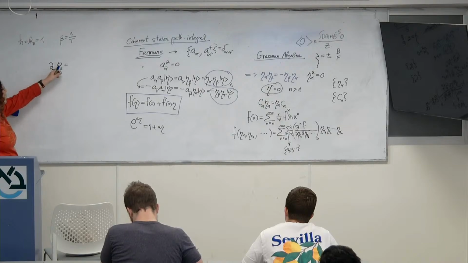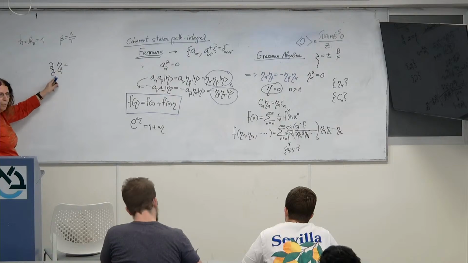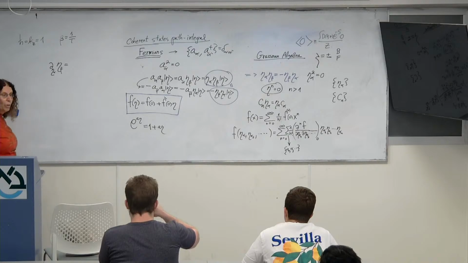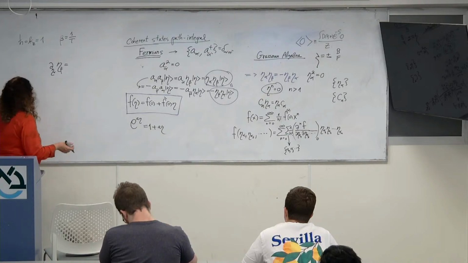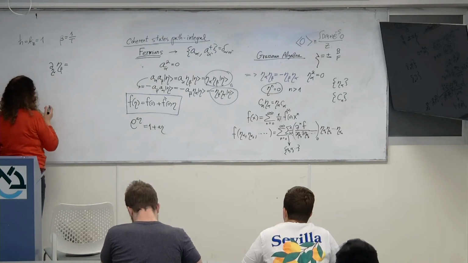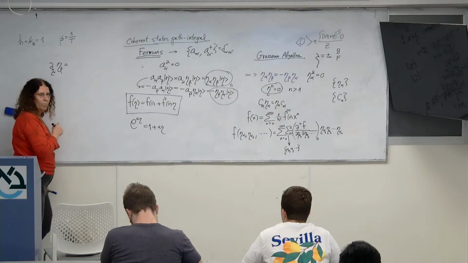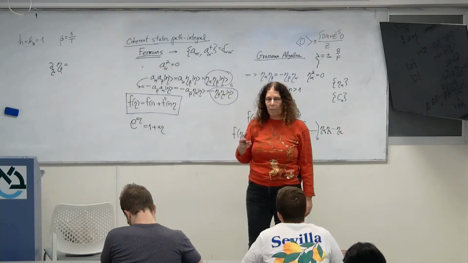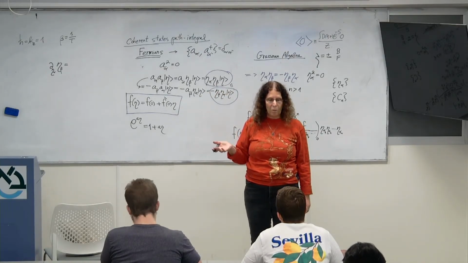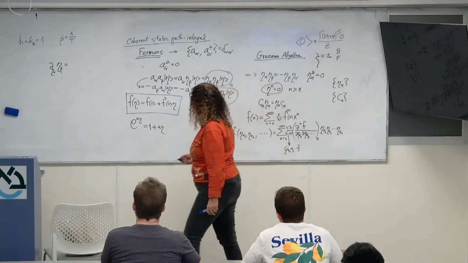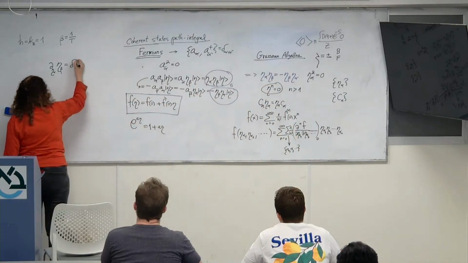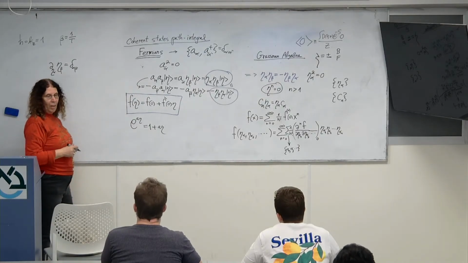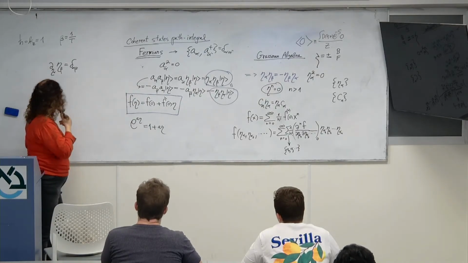If beta and alpha are different, it's 0, right? Because you take a derivative of a function that does not depend on the variable, then it's 0. If beta equals alpha, it's like the derivative of x with respect to x, it should give you 1. So it is a delta.